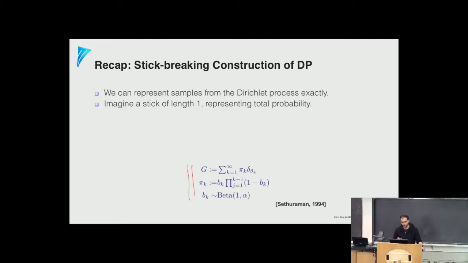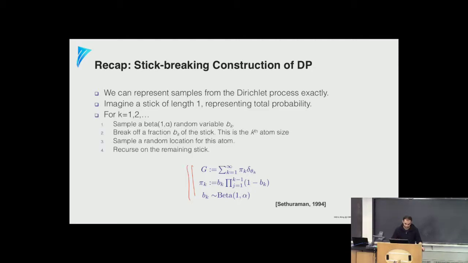To sample from it, we imagine that we have a stick of length 1, and we break the stick into parts. When we break the stick, we first select a variable bk from the beta distribution, beta(1, alpha), and then we break the stick according to that.